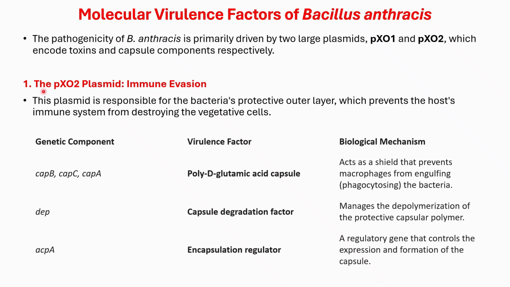First, we will learn about the pXO2 plasmid, which plays a critical role in immune evasion. This plasmid encodes the synthesis of the poly-D-glutamic acid capsule, which forms a protective outer layer around the vegetative bacterial cells.